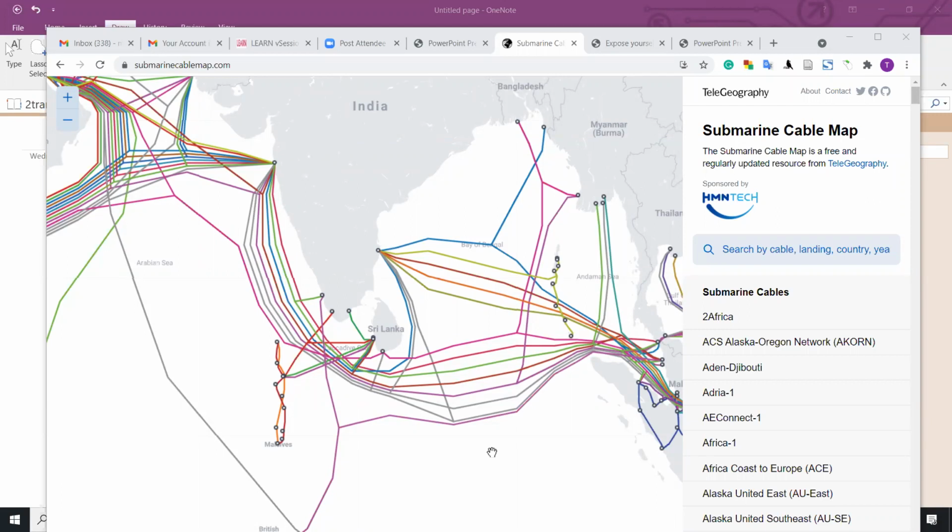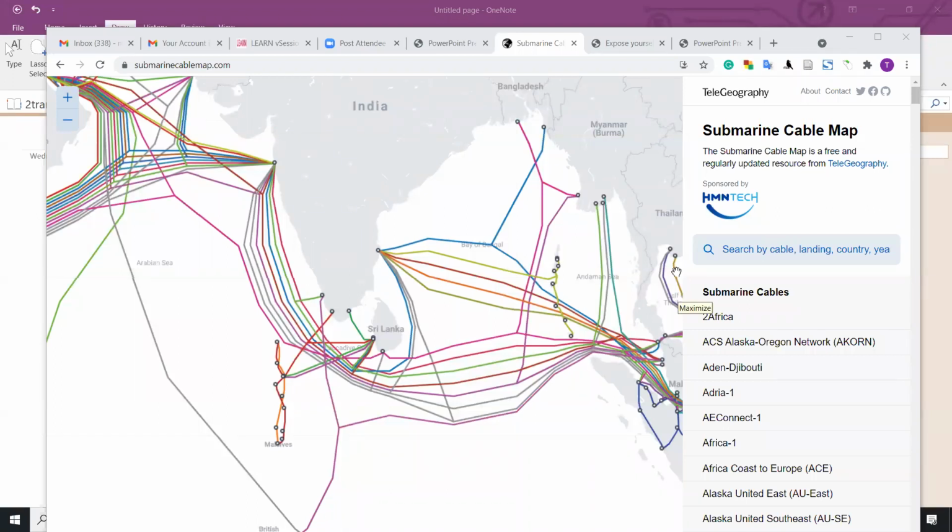Dialog and other cellular companies most of the time use satellite technologies to obtain internet internationally. Most of the time now they are fiber, not copper. The submarine cables are fiber connections because we need very high speed. That's why we use fiber, because it's better than the normal copper cables.